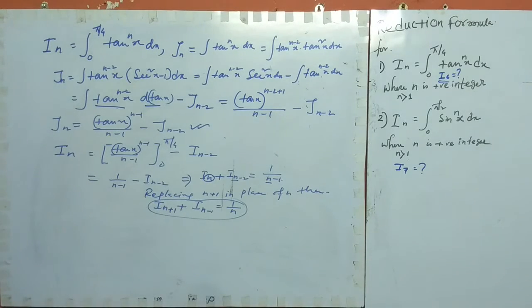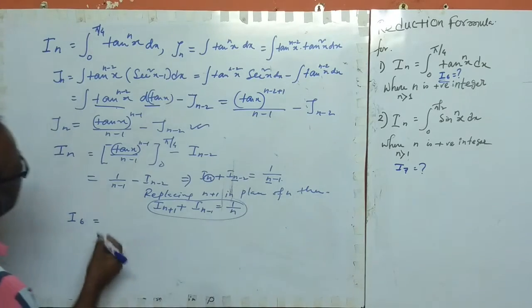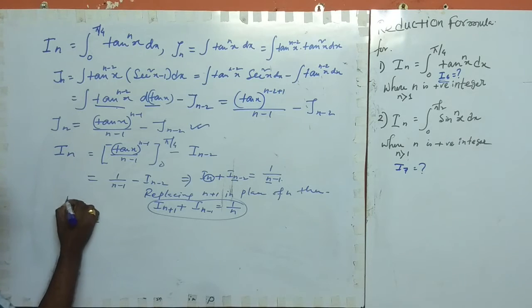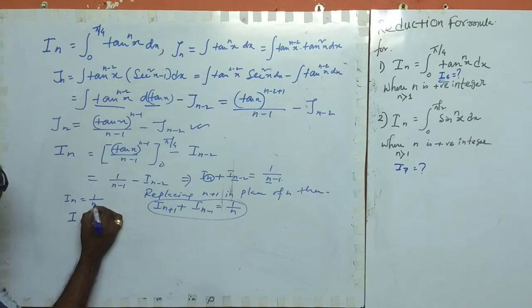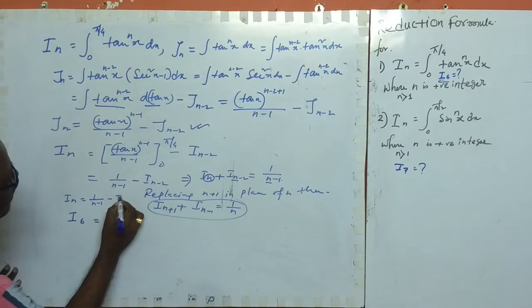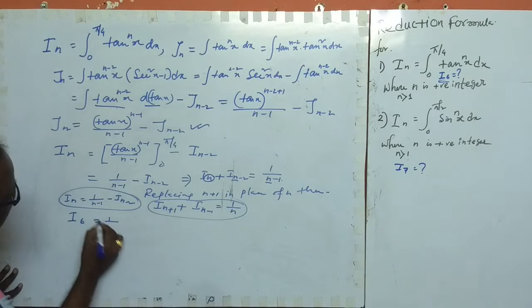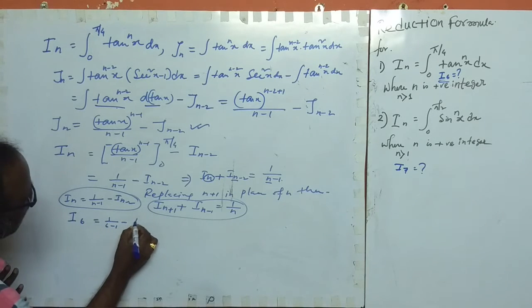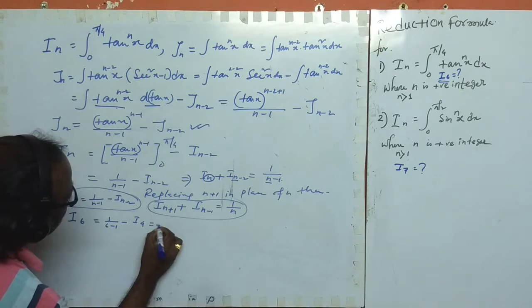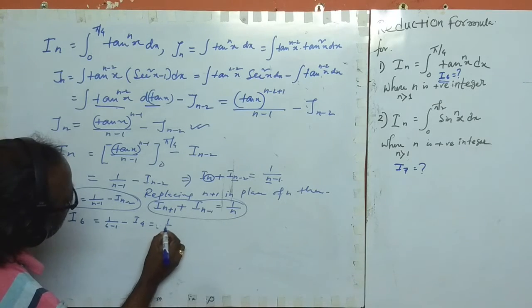Now you see here, this is the reduction formula. I6 means, using the formula In equals 1 by n minus 1 minus I n minus 2, 1 by 6 minus 1 minus I4, that is 1 by 5 minus I4.